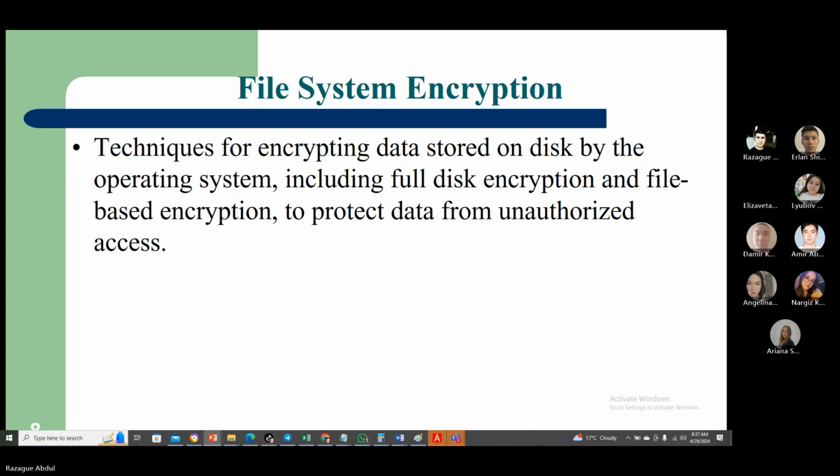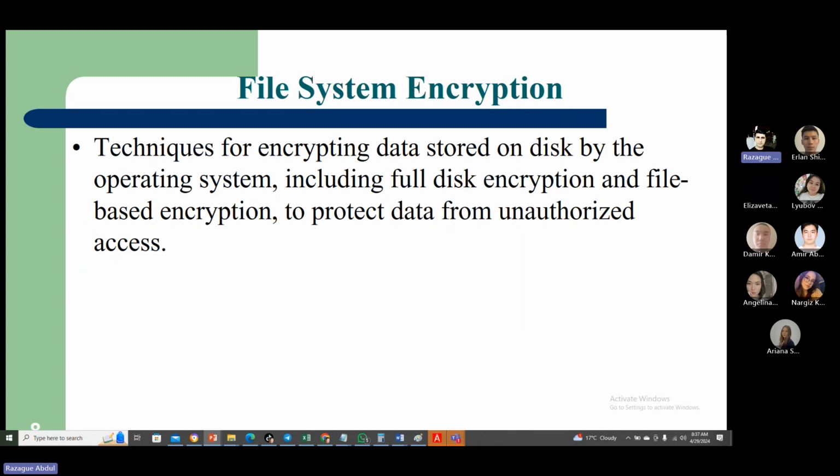File-based encryption is going to offer more granularity than full disk encryption. With file-based encryption, individual files or directories are encrypted with potentially different keys. This allows for more tailored access controls where different users or applications may have access to specific files without needing access to the entire system.